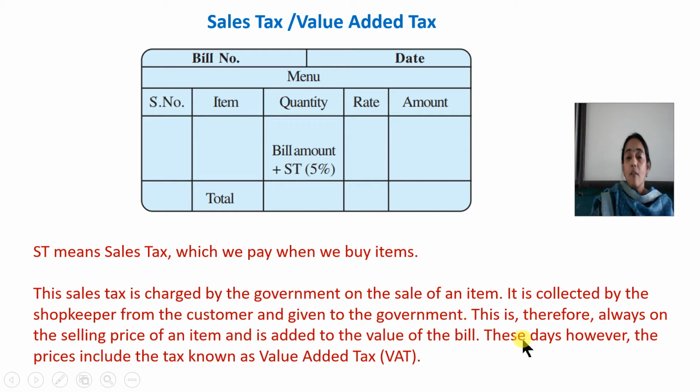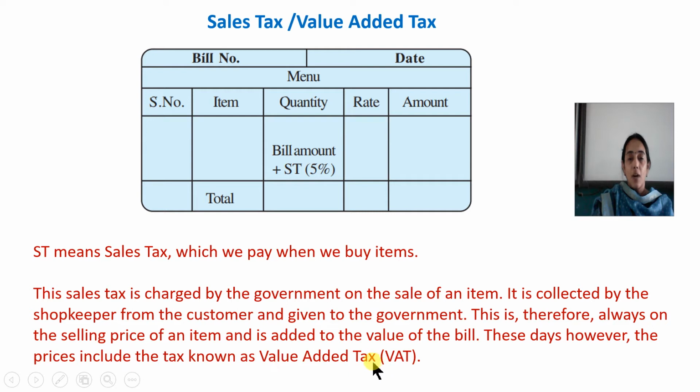These days, however, the prices include the tax, known as value added tax. So nowadays they include it in the sale price of the item, and it is known as value added tax.